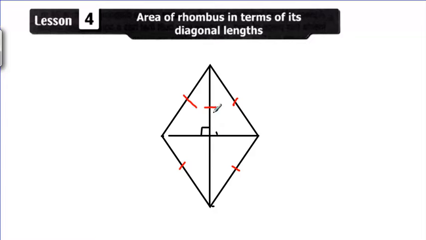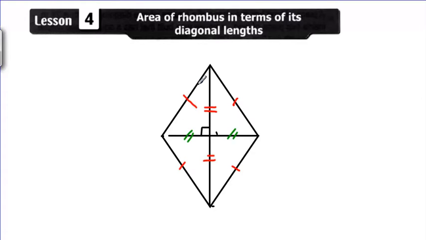This part equals this part, and this part equals this part. The two red parts are equal, and the two diagonals are perpendicular. Perpendicular means they make right angles, and the two diagonals make four right-angled triangles, okay?